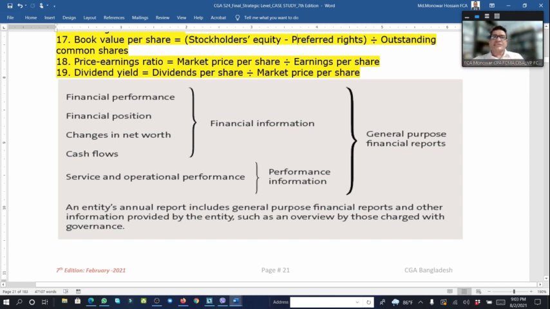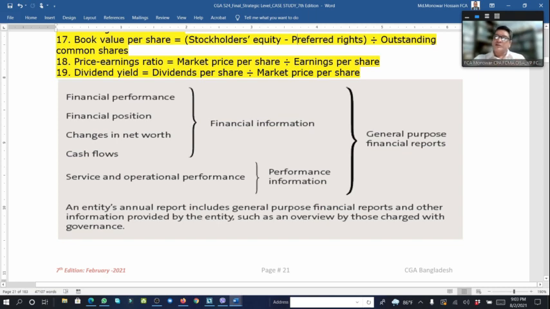And an entity's annual report includes the general purpose financial report and other information provided by the entity, such as an overview of governance. And within the annual report, the audited financial statement is one major part, and based on that part, the annual report is prepared.